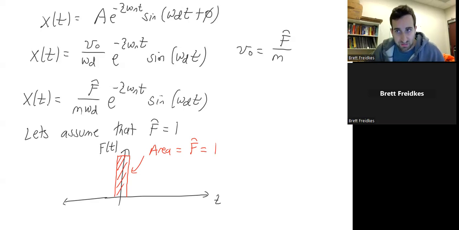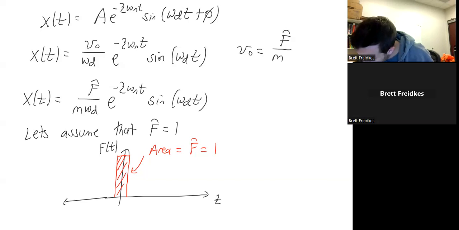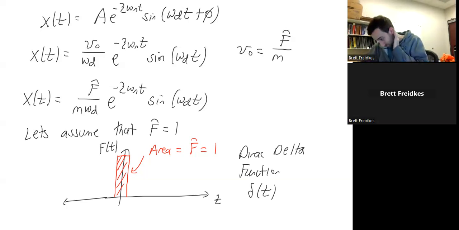That specific case where our area is equal to 1, and again, this is a function of time. Something is sitting still with respect to time, and then at t equals 0, bam, something hits it, and then nothing else happens after that except the vibration, but there's no more forces acting. This specific impulse is called the Dirac-Delta function, and that is given by delta of t.